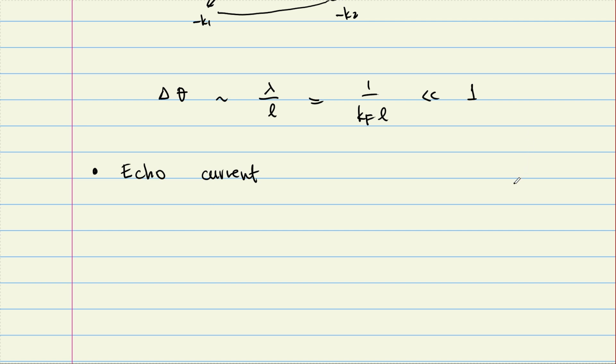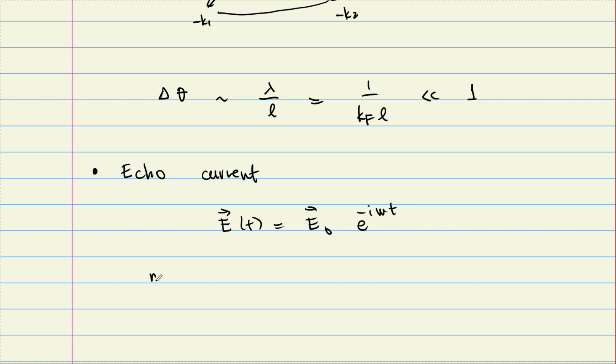So I want to consider an electric field. Before echo current, let me consider a Fourier mode of an electric field. Let's consider some E of t equal to some constant times e to the minus i omega t.